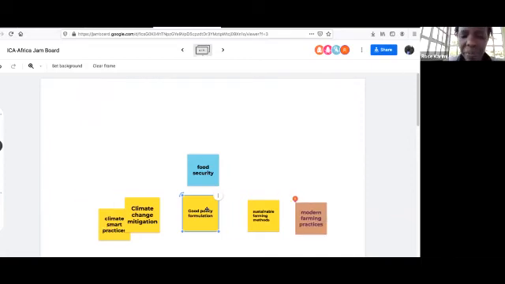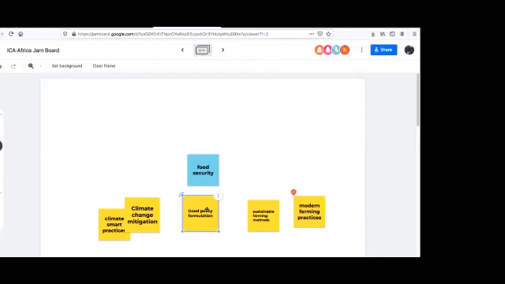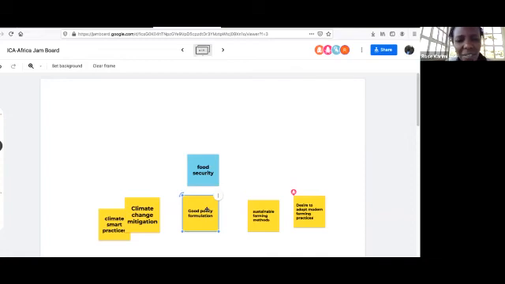Yes, because we cannot impose it on them, say, move to modern farming when they don't like it. So it's desire to adopt modern farming. Where is that card which I've written gone?